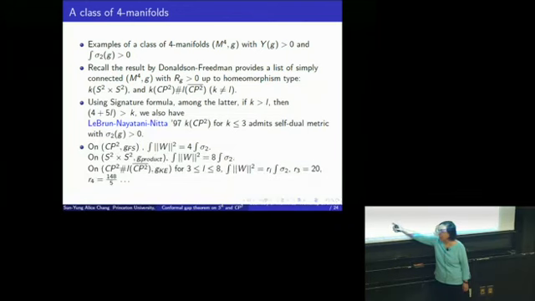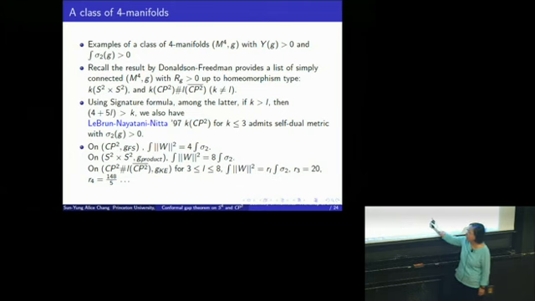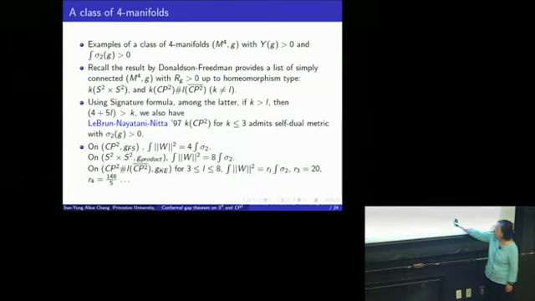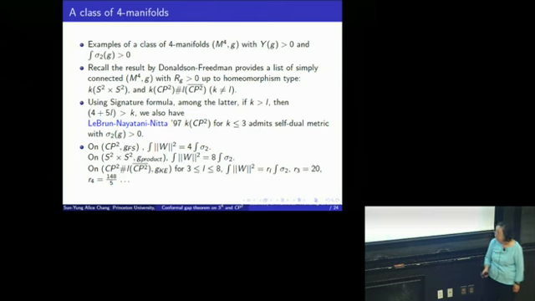If you have CP² connected sum with the L copy, and if L is between 3 and 8, there exists a Kähler-Einstein metric. So this belongs to our class. And in this class, one can compute the ratio of Weyl square to sigma 2. There is R_3, R_4, and so on. This is L. R_L, sigma 2, R_3, and so on. And it's an increasing sequence. So these all are the examples for our class.